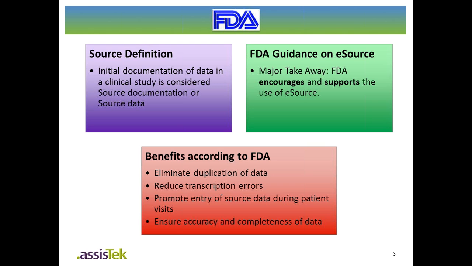And they clearly outline the benefits, which are probably pretty obvious to most people on the call, that it eliminates the duplication of data, reduces transcription errors. It actually promotes the entry of the source data during the patient visit versus sometime later, and it ensures the accuracy and completeness of data, and we can do that by building rules and that sort of thing around each data element as it's captured.